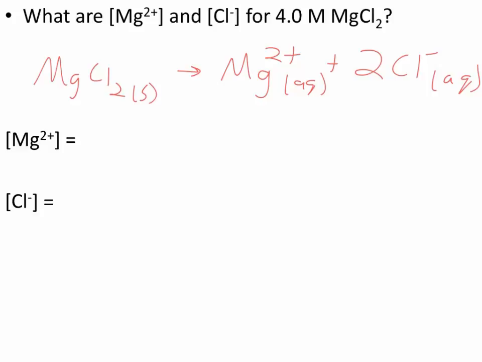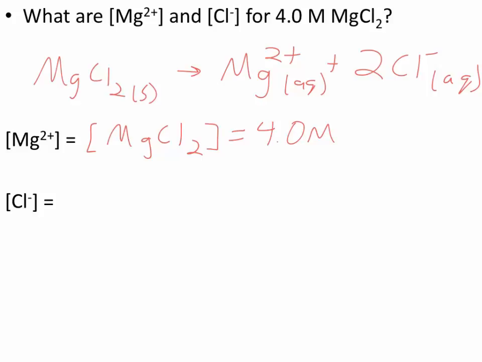So now we're going to have twice as many chloride ions as magnesium ions, and so for our magnesium ion concentration, that's going to be the same as our nominal magnesium chloride concentration, which was 4 molar. So our magnesium ion concentration is 4.0 molar.